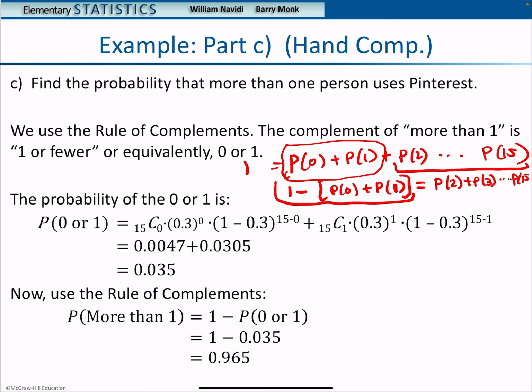So this is a lot easier to calculate, and that's where the rule of complements comes in. So first thing we find is P of 0 or 1. Okay, so we just enter it. This is P of 0. This is P of 1. We find that first. That's 0.035, and then P of more than 1 would be 1 minus this, okay? So that's how you would get 0.965.